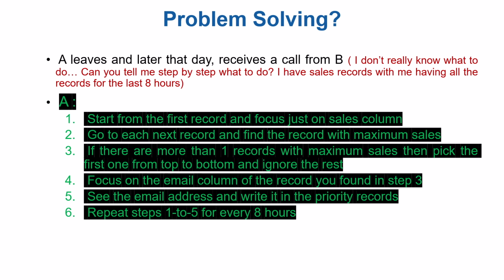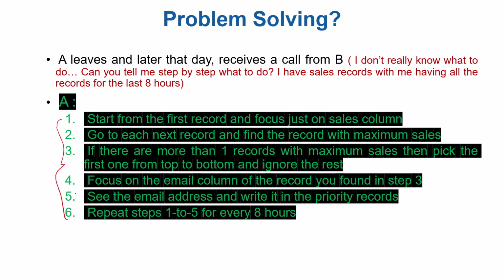Another question B may ask is, when I'm going to write the email address in the priority records, where should I write? At the very top or at the end or somewhere? But at the end of the day, a step-by-step solution is required for communication. Although there may be more steps that should be added, this step-by-step solution is a general solution.